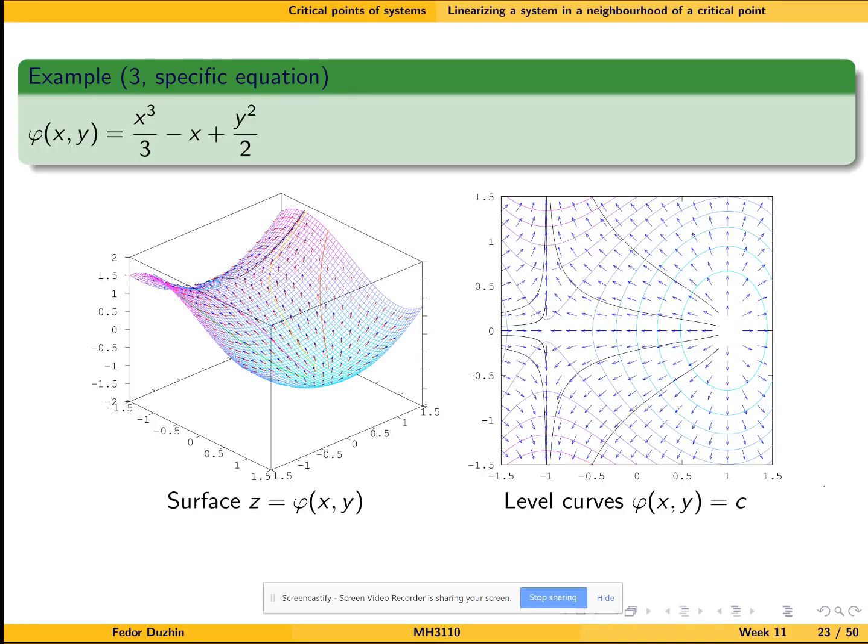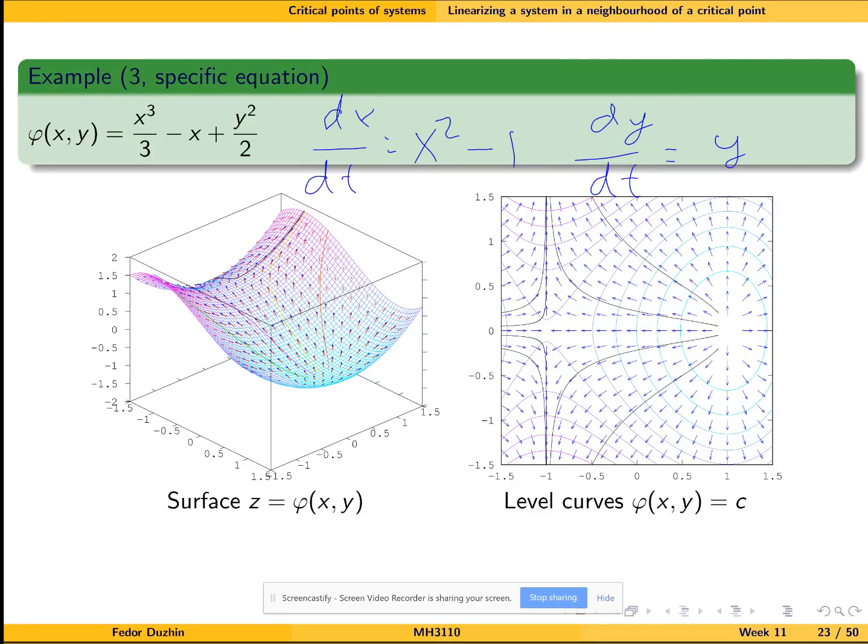Right. So here, if you want to do a specific equation, then you will get dx/dt equals x squared minus 1. Right, so dy/dt is going to be the derivative of phi with respect to y, which is y.